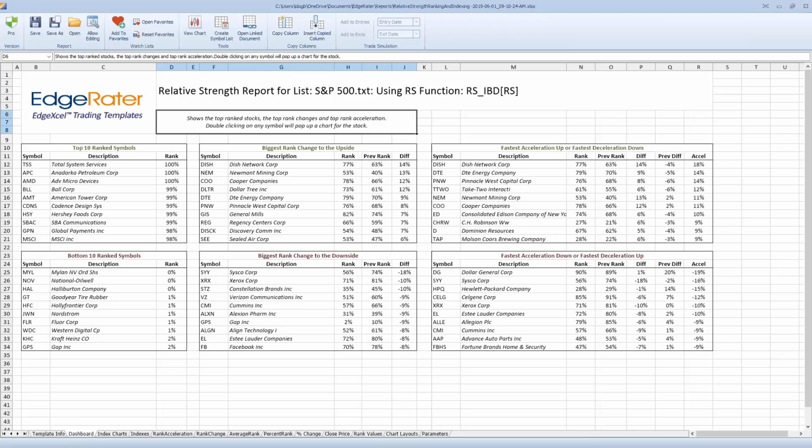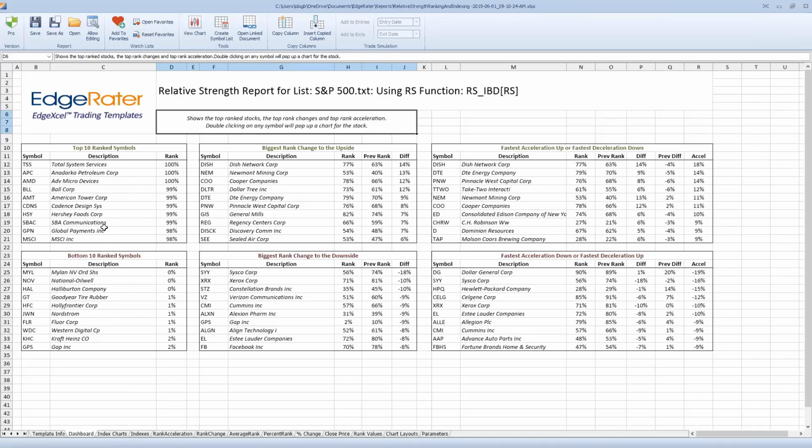But the dashboard is your overall view of the relative strength function that you've chosen. And you can see at the top, it's telling me that I run this on the S&P 500 list. I'm using the relative strength function rs_IBD. And very simply, it's taking the top 10 ranked symbols from the ranking of that relative strength function and the bottom 10 and just putting them into a simple dashboard.